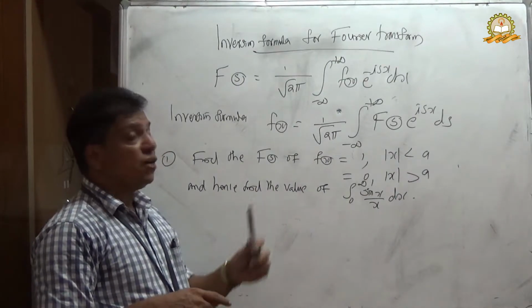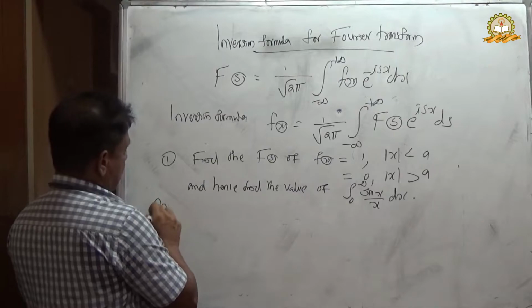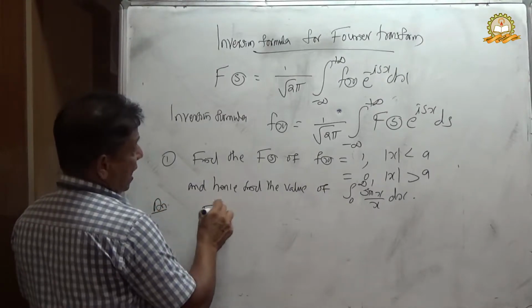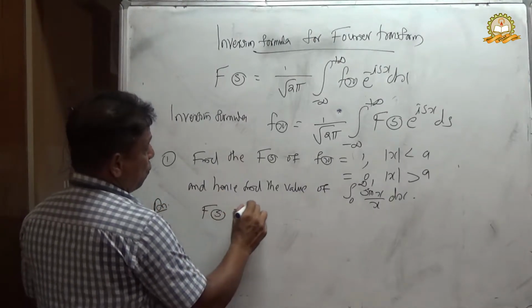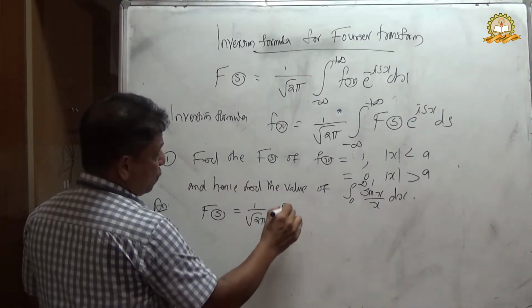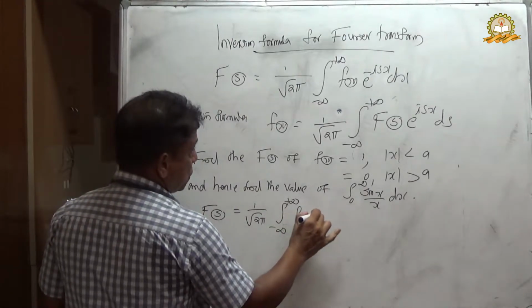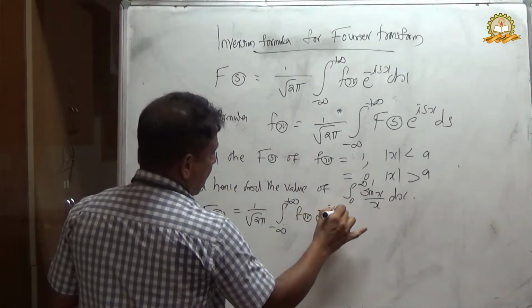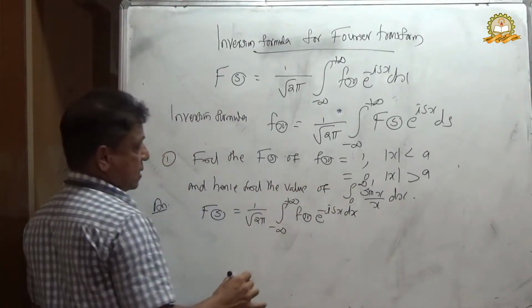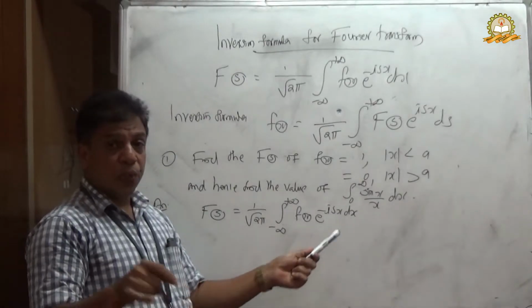So first we find out the Fourier transform. The Fourier transform, the formula: f of s equals 1 by root of 2 pi integral minus infinity to plus infinity f of x into e raised to minus isx dx. We already discussed this problem yesterday.